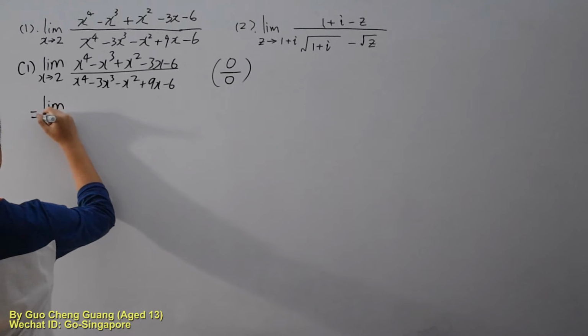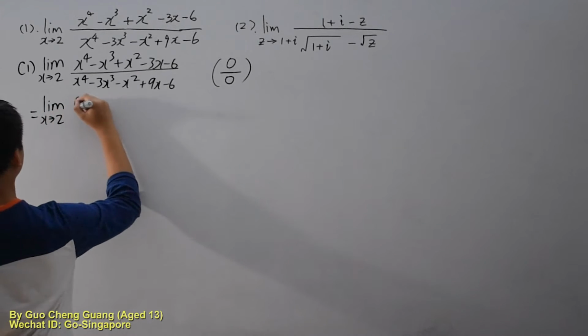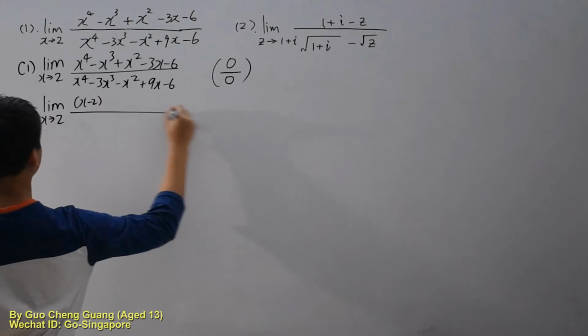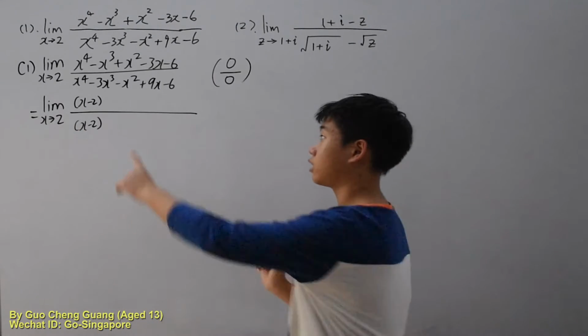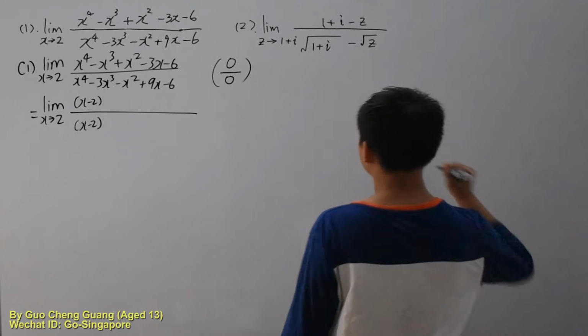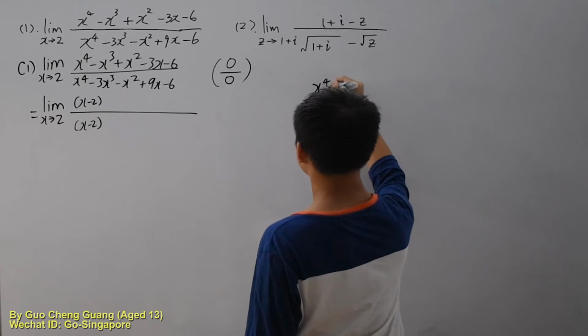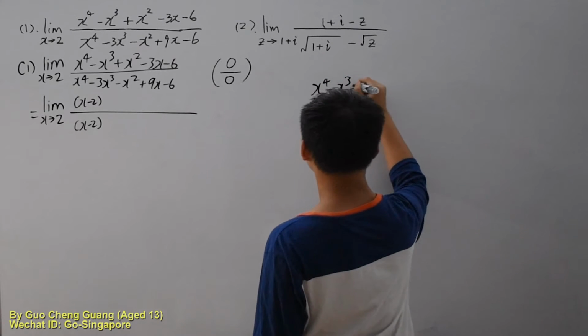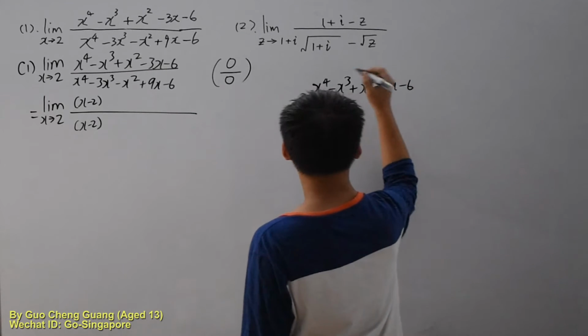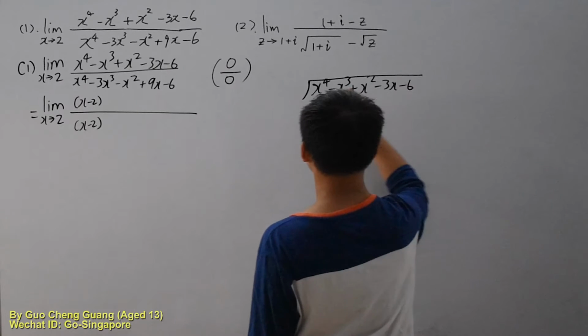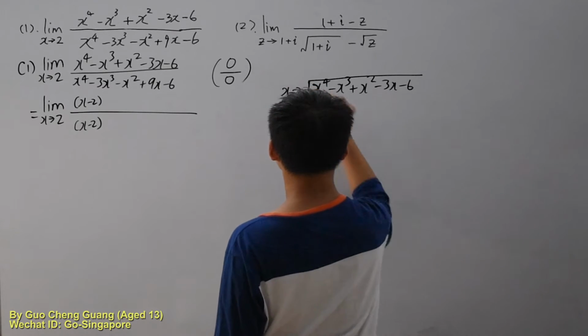So we're going to take out x minus 2 on both the numerator and denominator, since these are causing the 0. In this part, we will need to use long division. So this part first divided by x minus 2.